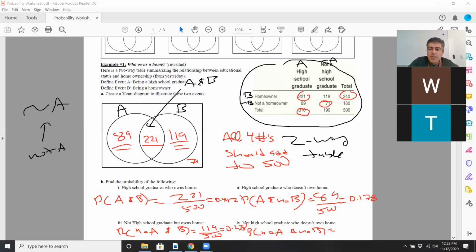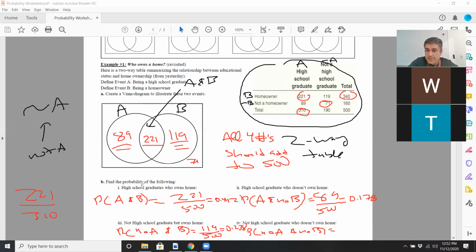But Mr. Mashni, I don't really understand why it's not 310 for that number. We're trying to find the probability out of all people in this survey, or this community. Because if you said given, that's called conditional probability. That's what you're thinking of, Teddy. If I said given that you're a high school grad, what's the probability you own a home, then that'd be 220 out of 310.